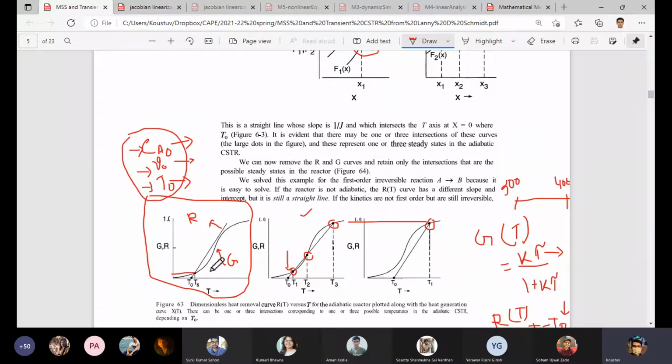Sometimes the two curves may cross each other at a single point, sometimes at three different points. If it crosses at a single point, then that is a steady state value, and one can characterize that steady state. Today that part will be understood, characterizing the steady states.